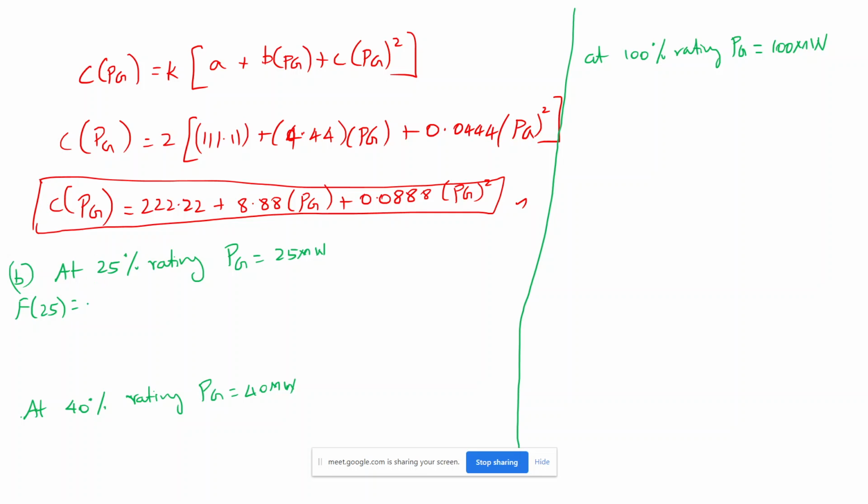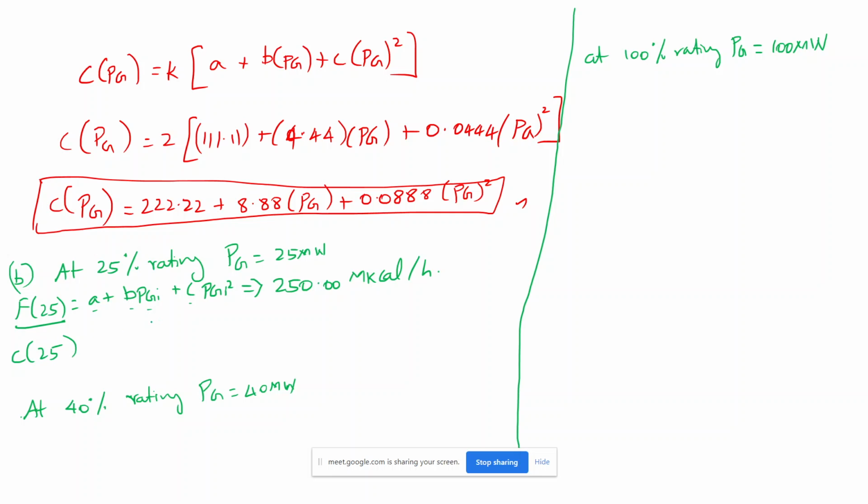It is nothing but F equal to A plus B PG plus C PG whole square. So if you solve that, already I have solved that, so apply the A, B and then PG. PG is nothing but 25 and then C value, altogether if you put, we will get 250 mega kilocalories per hour. So this is for F at 25, and then we need to find out C at 25.